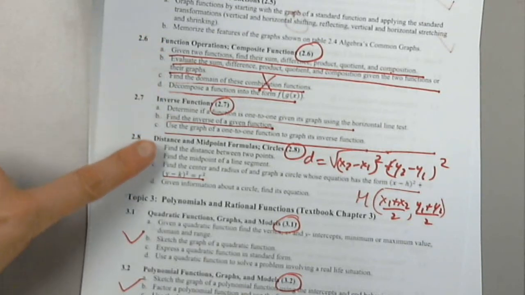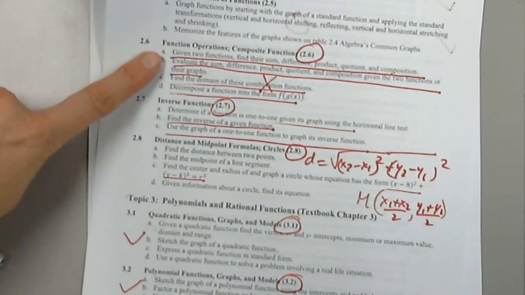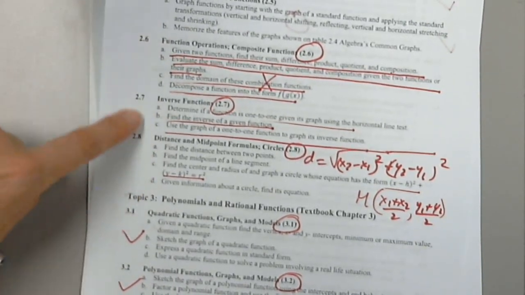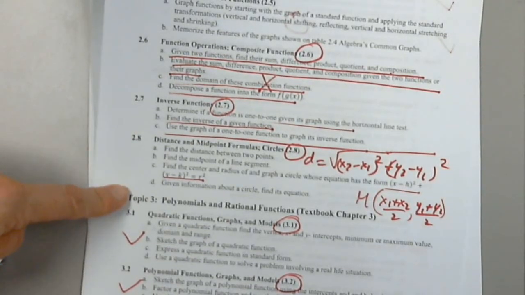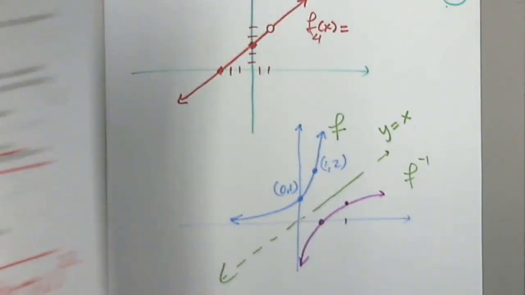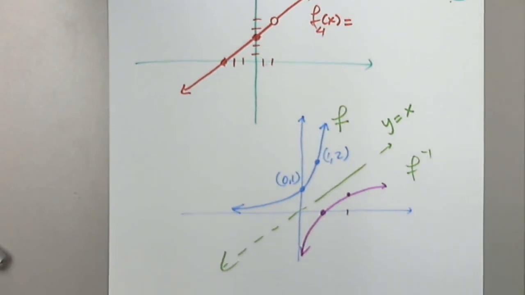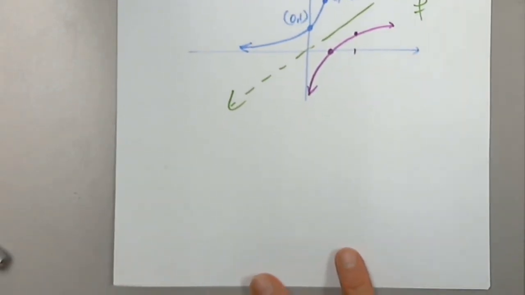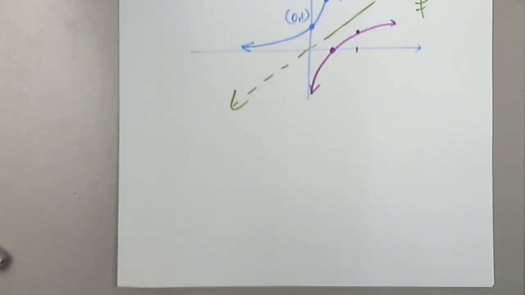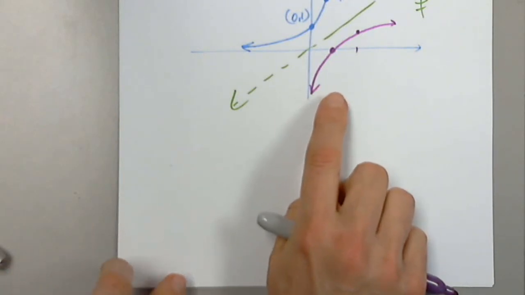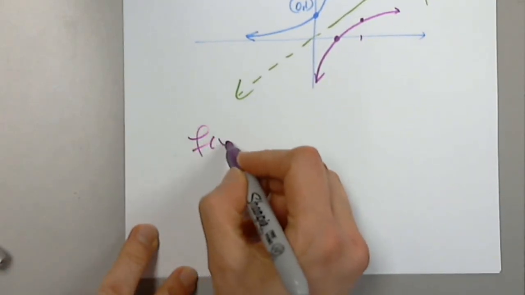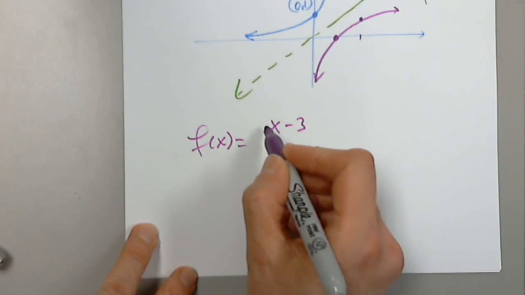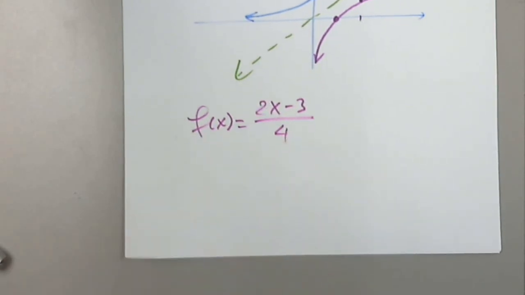Okay, so are we doing anything here? The inverse function. Let's find an inverse function. So please give me a linear function, any linear function you can think of to find its inverse. Jesse, is this what you had in mind? Yeah. Okay, so f of x, let's say 2x minus 3 over 4.